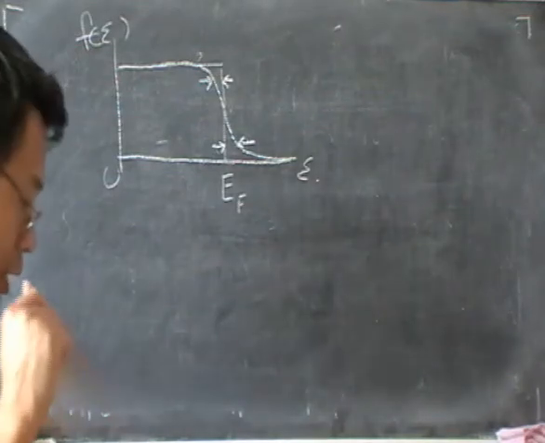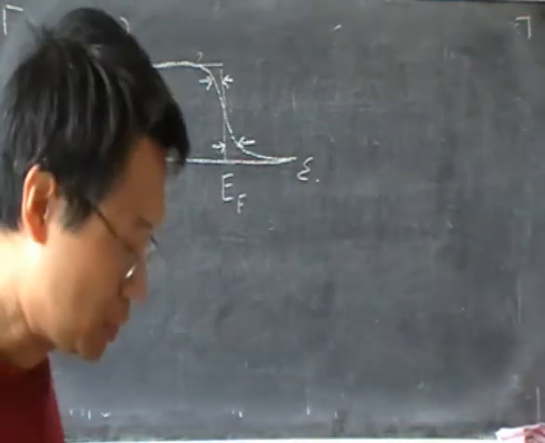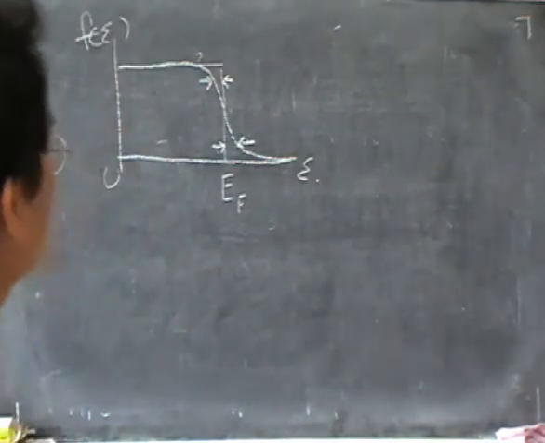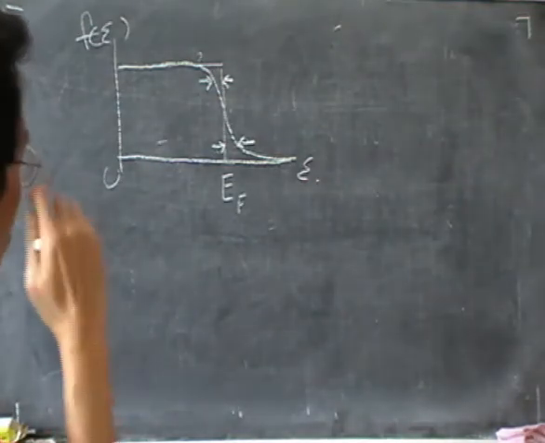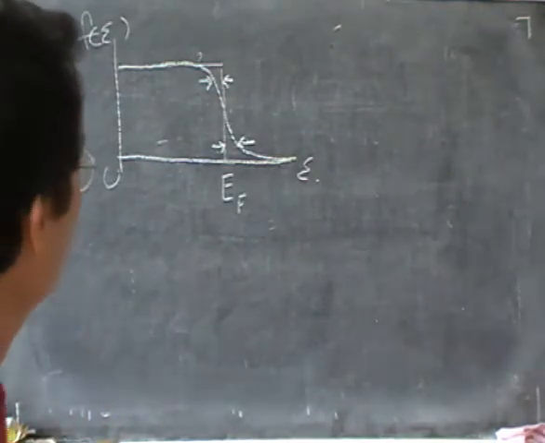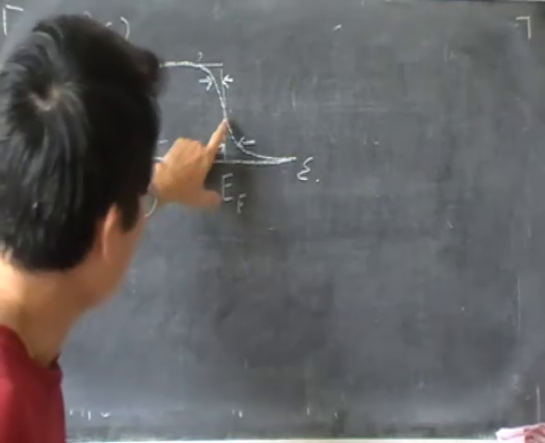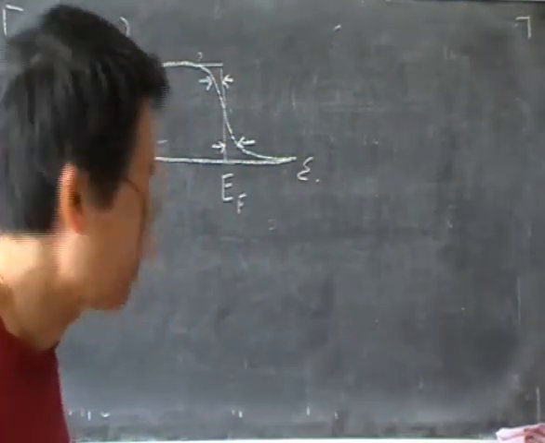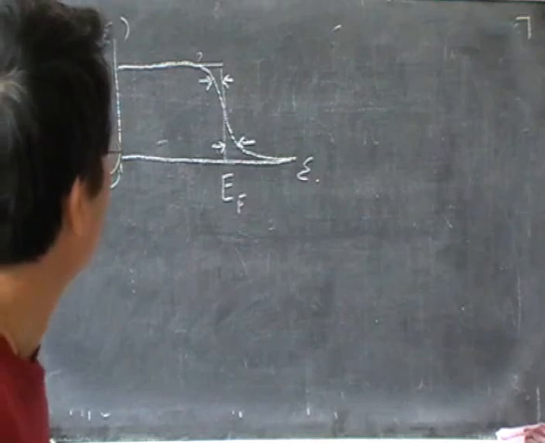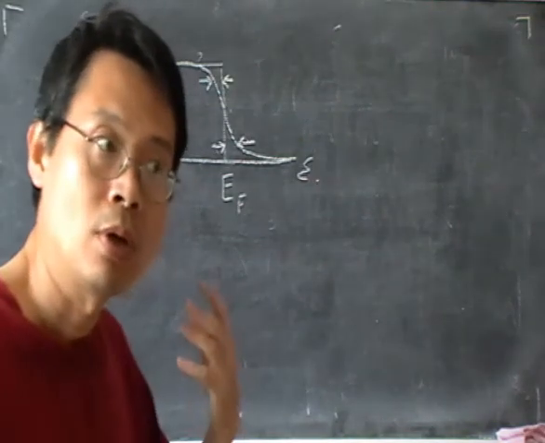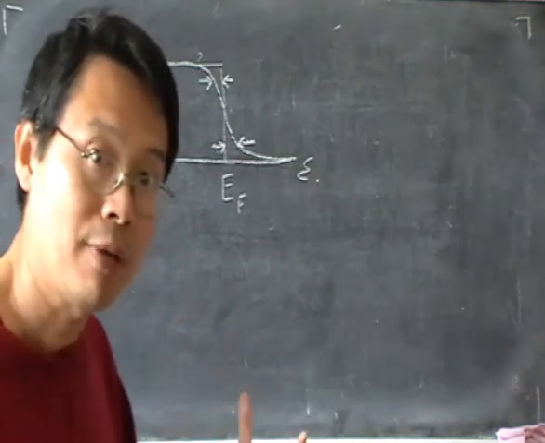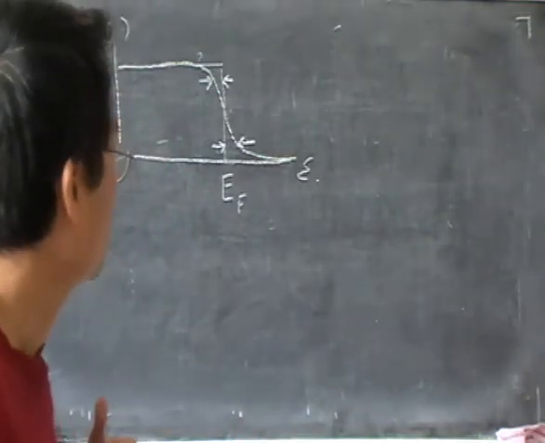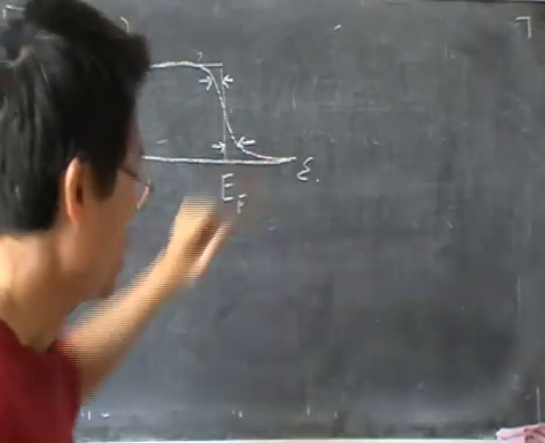So the next thing that we need to do is understand this part of the distribution. We need to understand how it behaves, and we need to understand a bit more about the curve.